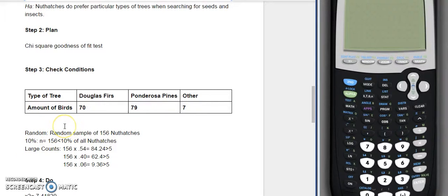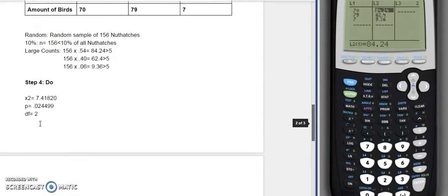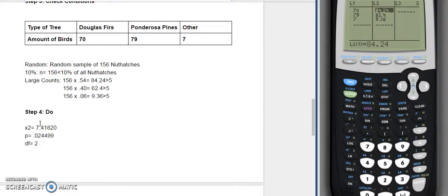The random condition was met when a random sample of 156 nuthatches was taken. The 10% condition was met because our sample size, n, of 156, we can assume is less than 10% of all total nuthatches. The large counts condition is checked by taking our sample size multiplied by the decimal percent of each type of tree.